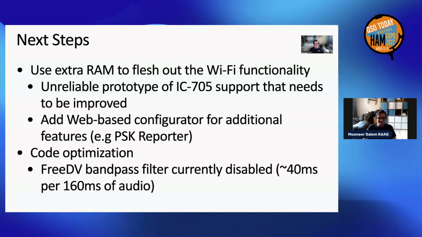That was because FreeDV itself actually uses up almost all of the native RAM that's on the ESP32, so whatever's left gets used up by the IC705 support pretty quickly.